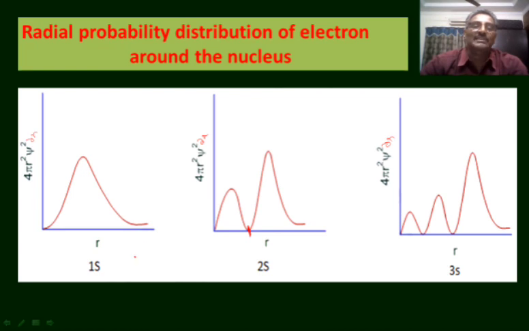So in the case of 1s orbital, there is no nodal point, whereas in the case of 2s orbital, one nodal point is observed, and in the case of 3s orbital, two nodal points are observed at these distances.